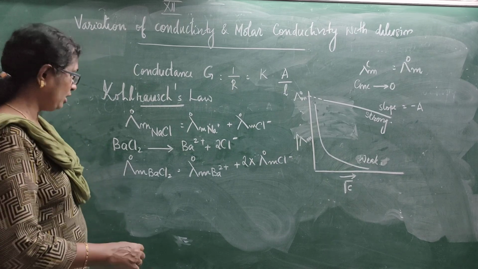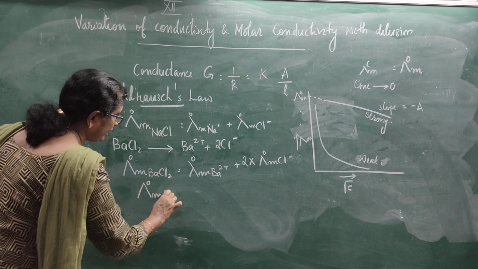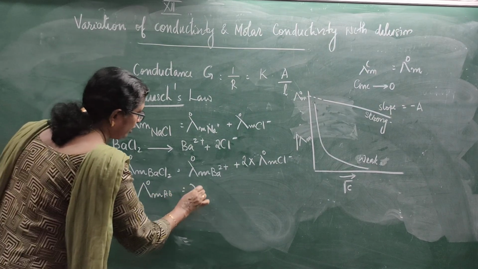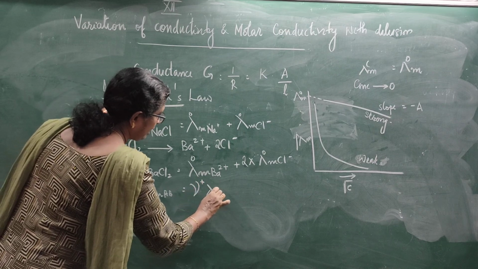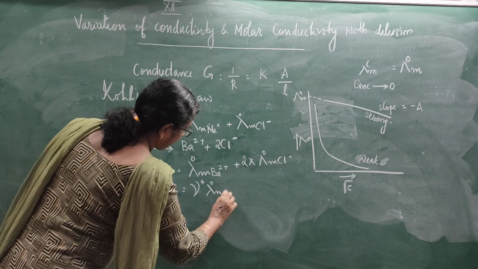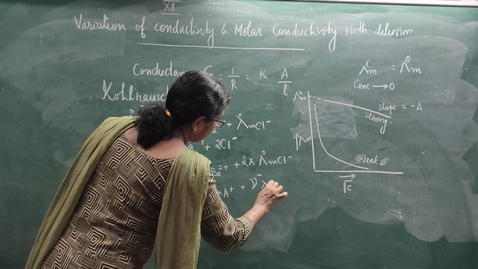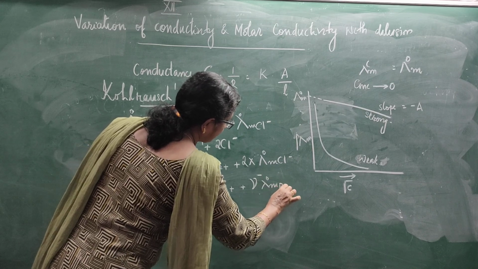So in general, we can write lambda m naught of any electrolyte AB is equal to nu plus lambda m naught of A plus, plus nu minus lambda m naught of B minus.